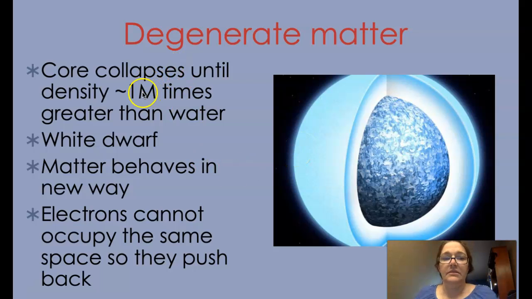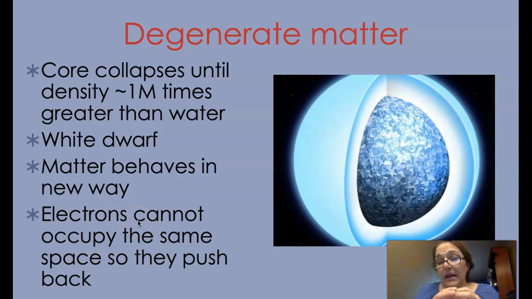So this is approximately 1,000,000 times more dense than water, 200,000 times more dense than the Earth. So now we rename this core to white dwarf star. And this happens: electrons cannot occupy the same space.